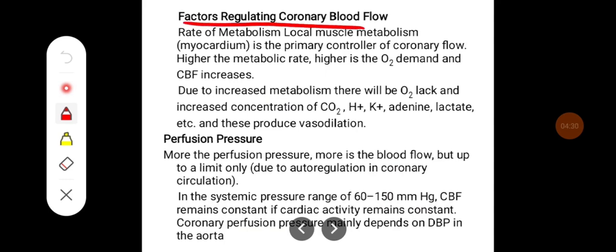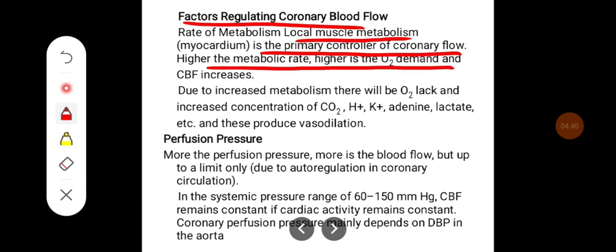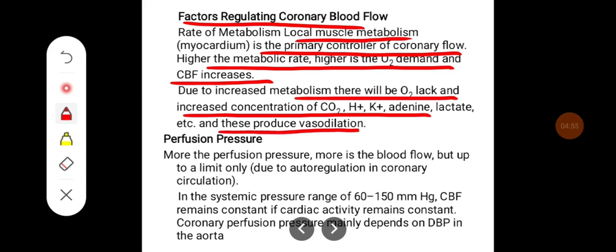The factors regulating coronary blood flow: the rate of local muscle metabolism is the primary control of coronary blood flow. The higher the metabolic rate, the higher the oxygen demand, and coronary blood flow increases. Due to increased metabolism, there is oxygen lack and increased concentration of carbon dioxide, H plus ion, potassium, adenosine and lactate, and these produce profound vasodilatation.